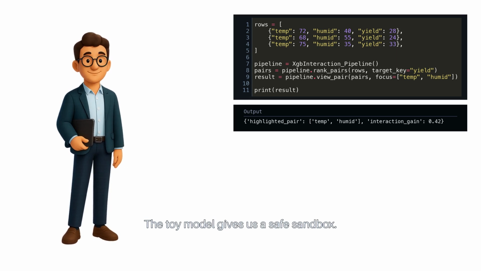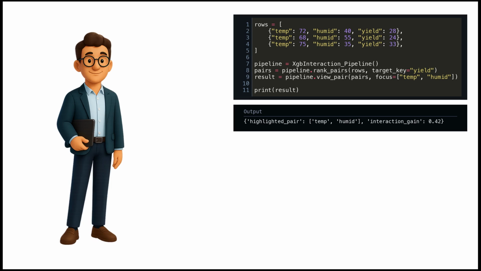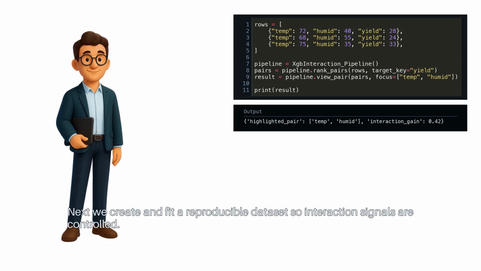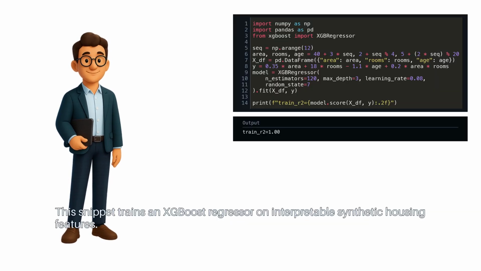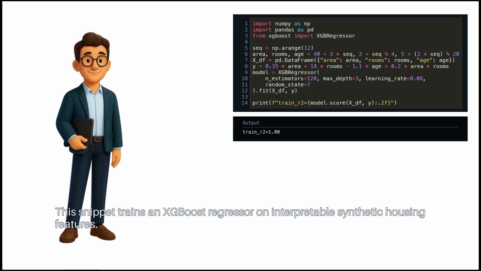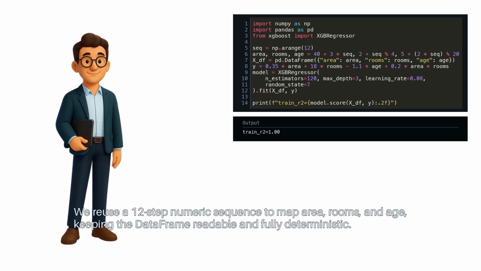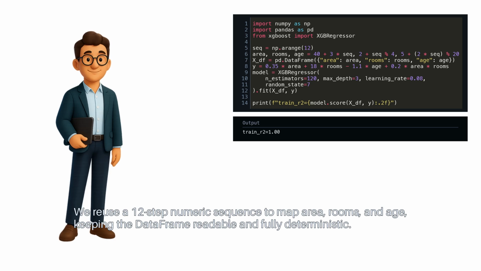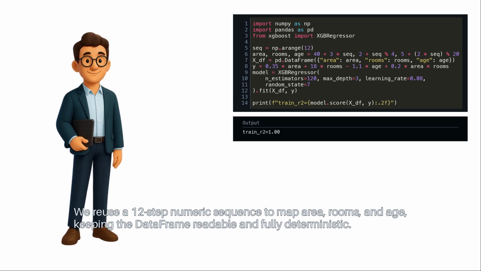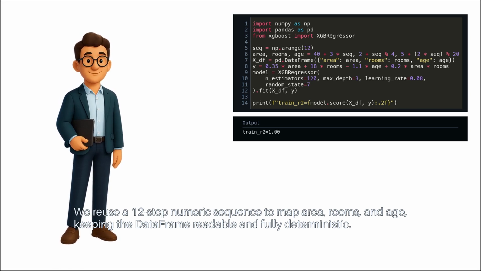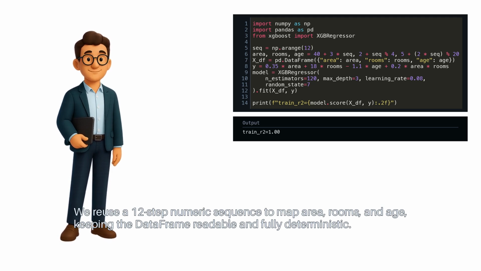The toy model gives us a safe sandbox. Next, we create and fit a reproducible dataset, so interaction signals are controlled. This snippet trains an XGBoost regressor on interpretable synthetic housing features. We reuse a 12-step numeric sequence to map area, rooms, and age, keeping the data frame readable and fully deterministic.